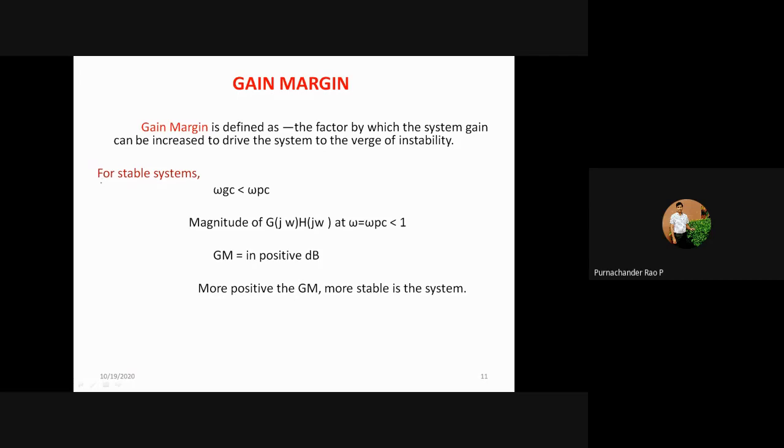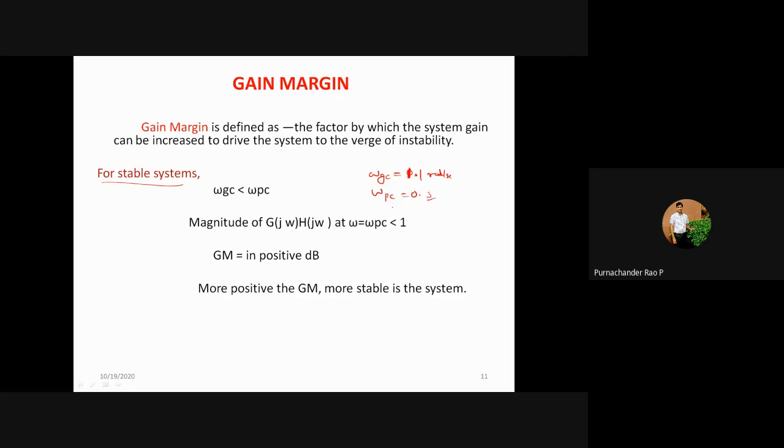Okay, so for stable systems, ωgc must be less than ωpc. In our problem, ωgc we got as 1.1 radians per second, and ωpc we are getting as 0.3.